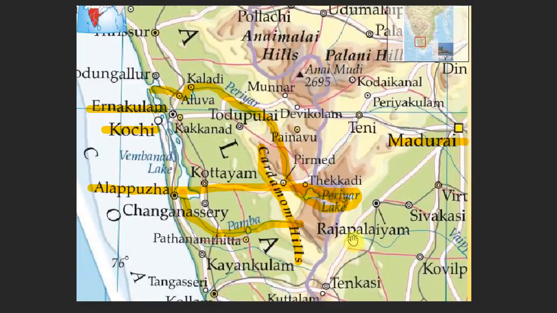The river originates just near the border, where the Periyar lake reservoir has been built, and the river flows just to the north of the Vembanad lake, to the north of Ernakulam or Kochi. And we would also see the Pamba river originating from almost the same place but traversing a slightly different course, and it also flows into the Vembanad lake.